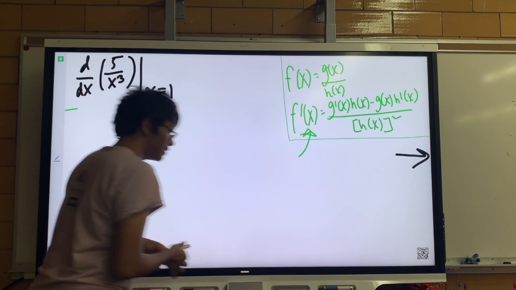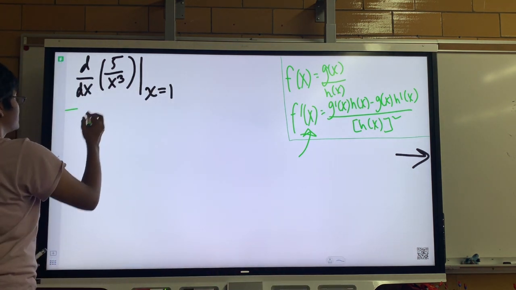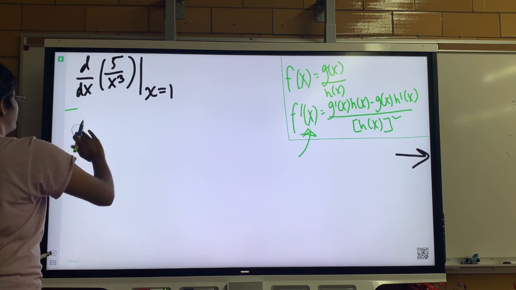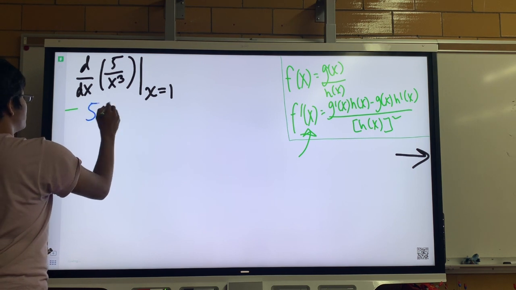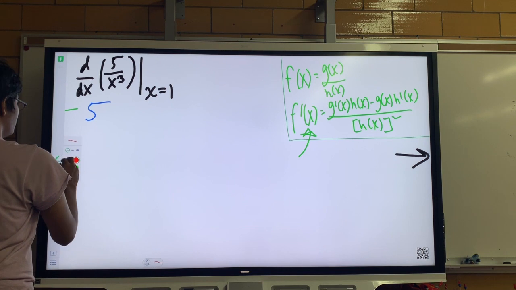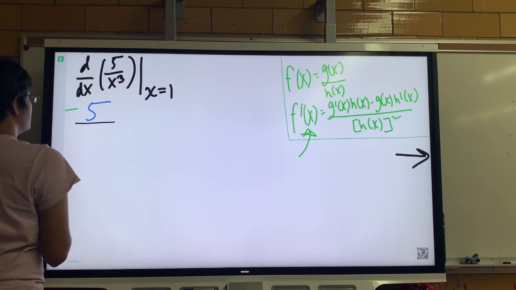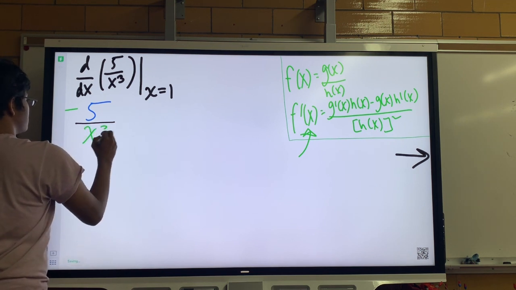So, let's label our numerator and denominator. We're being asked to take the derivative of 5, which is my numerator, aka my top function, divided by my denominator, x cubed, which is my bottom function.